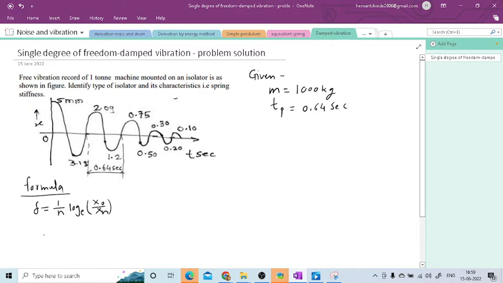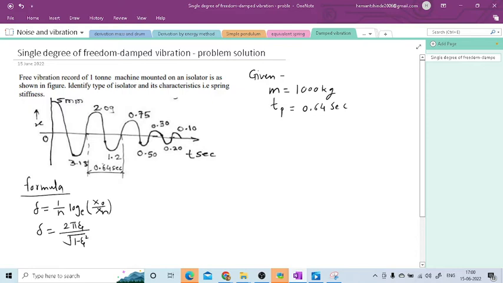The second formula for logarithmic decrement is delta equals 2 pi zeta divided by root of 1 minus zeta square. Now what is meant by this zeta? Zeta is nothing but the damping factor, or sometimes it is called the damping ratio.